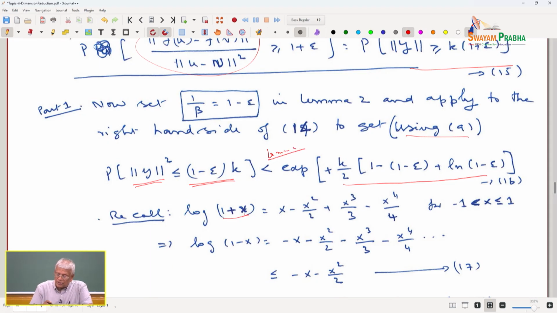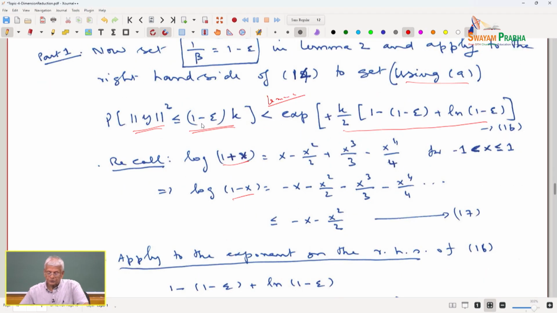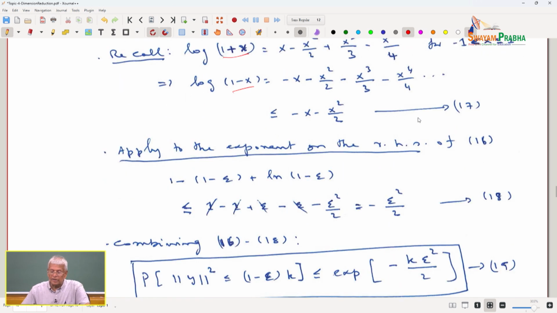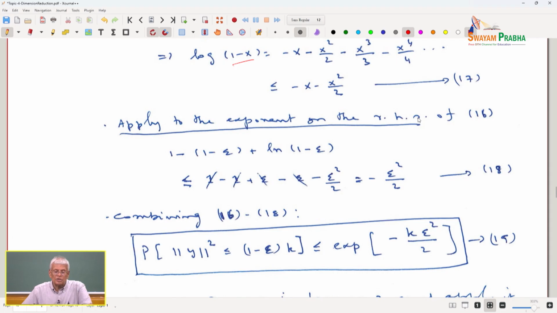Log 1 plus x has an expansion, log 1 minus x has an expansion. So apply this expansion to the exponent on the right hand side of 16. Please understand, I don't want to read every little thing I have written, but they are all very clearly written, so you should be able to go over that and check everything.